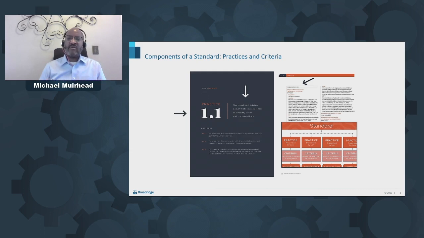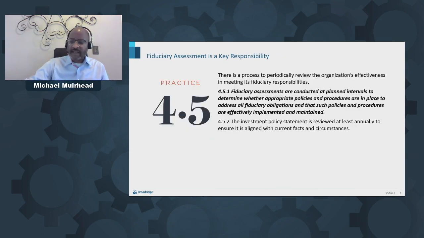We usually include some type of narrative, but one of the things that we really emphasize is that there is a section that supports each of these practices and criteria, which is the substantiation practice. And that's where we lay out any of the regulation or legal references that support the basis for that particular standard and criteria.